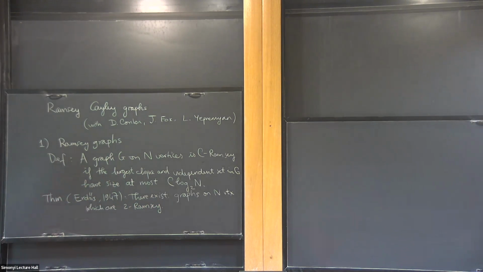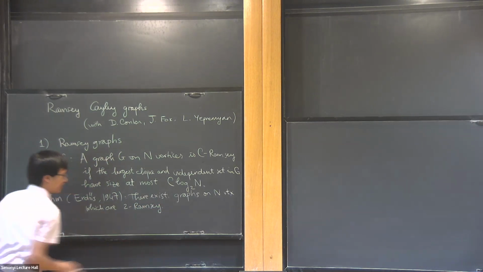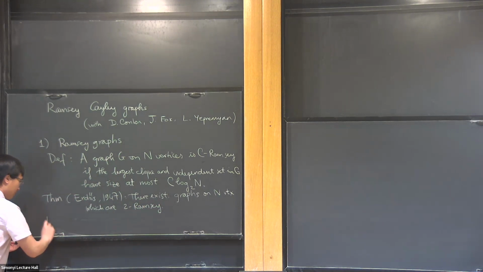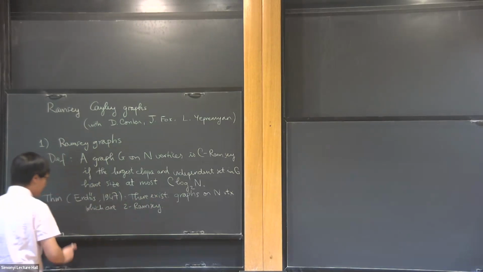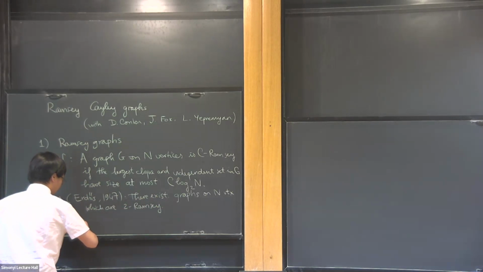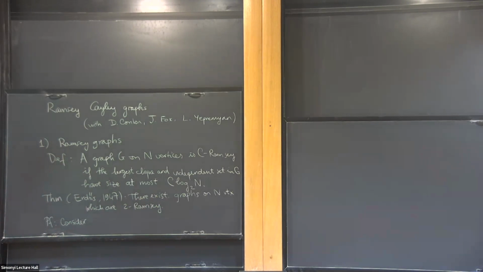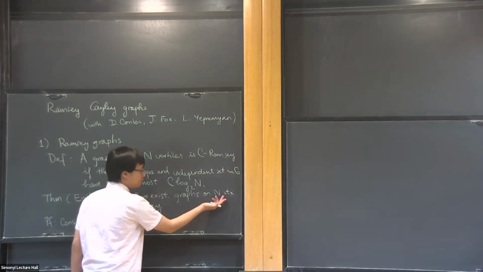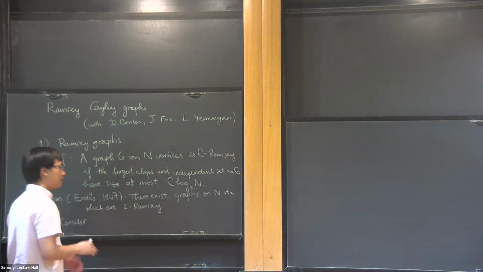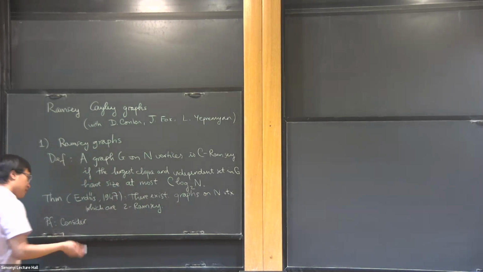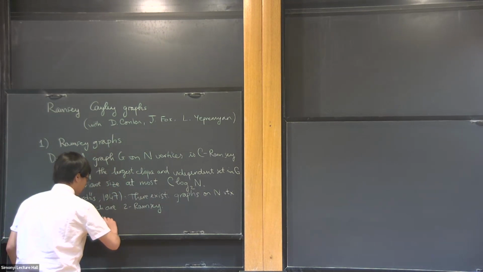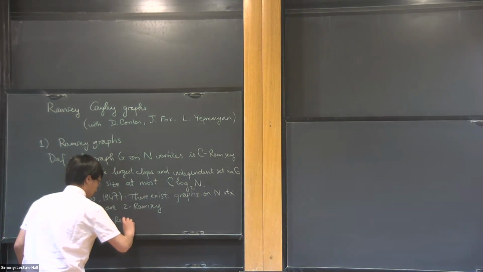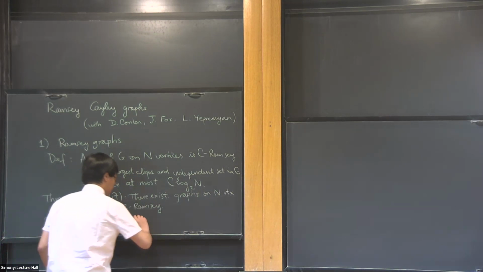And I guess everyone knows how this goes, but let me just recall this argument of Erdős that is by now a classic. So all that we need to do here is to actually consider a uniformly random graph on big N vertices. So out of all possible graphs on big N vertices, pick one uniformly at random. Or in other words, we just consider the Erdős–Rényi random graph G(n, 1/2).